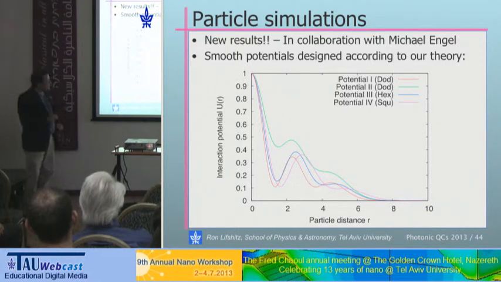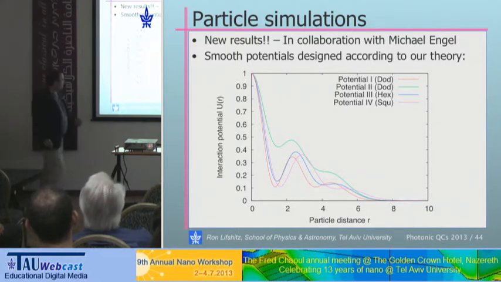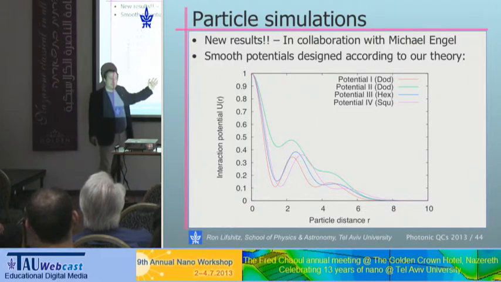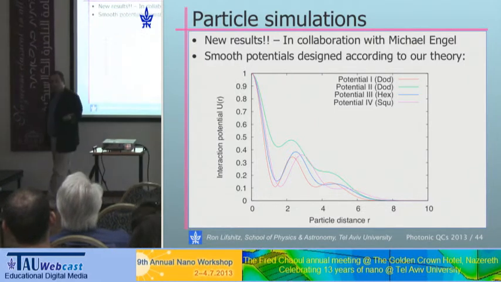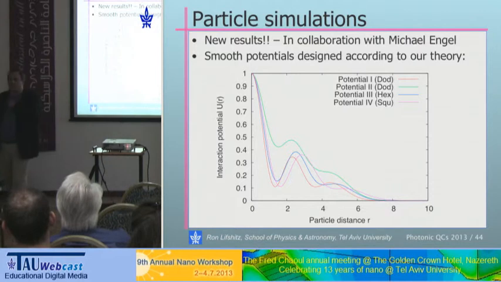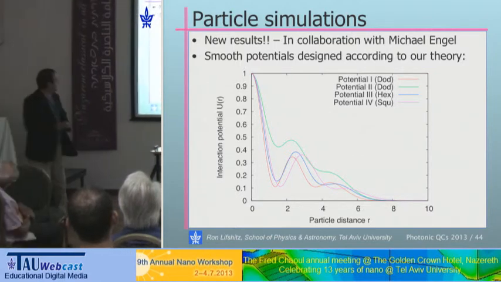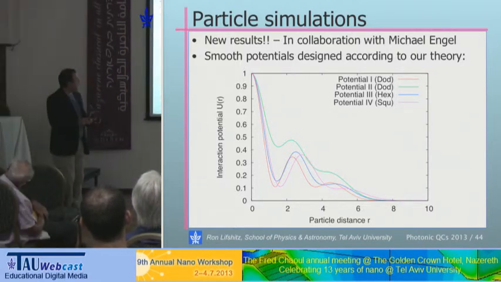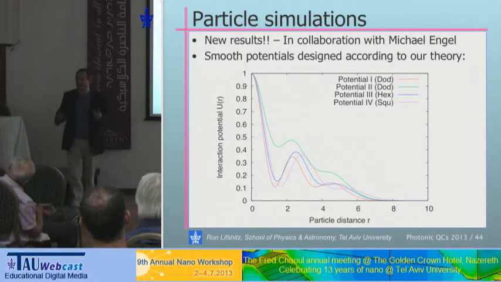Now these potentials have a lot of wiggles. It's very difficult to predict just by looking at this what the structure is going to be. But these are potentials that we designed. We designed the red one and the green one to give us a 12-fold symmetric crystal. We designed the blue one to give a hexagonal crystal, and the pink one to give a square crystal.